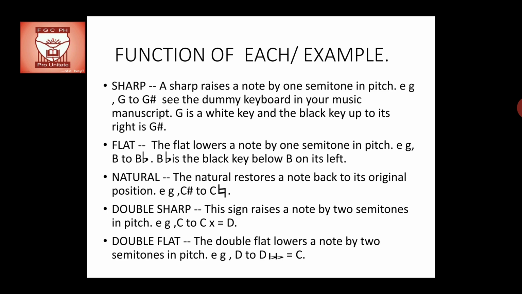Double sharp. The double sharp raises a note by one tone or two semitones, but I will prefer you use two semitones, and then when we come to talking about tone and others, we can concentrate on tone so that you don't get confused. The double sharp raises a note by two semitones in pitch.